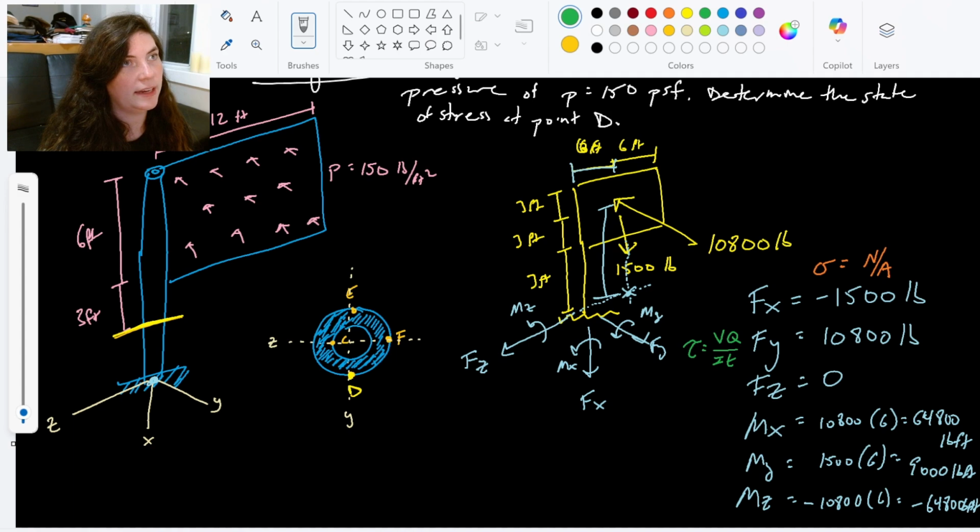Going on down the line, Mx. Mx is a moment about the x-axis, about the longitudinal axis, and we know that if a moment's going about a longitudinal axis, that is a torsion. So Mx is actually a torque. We could say T equals Mx.